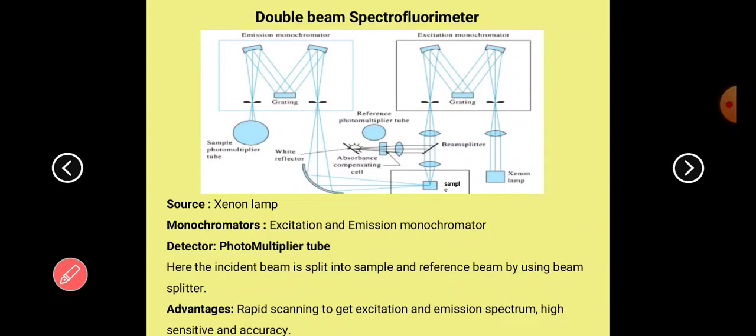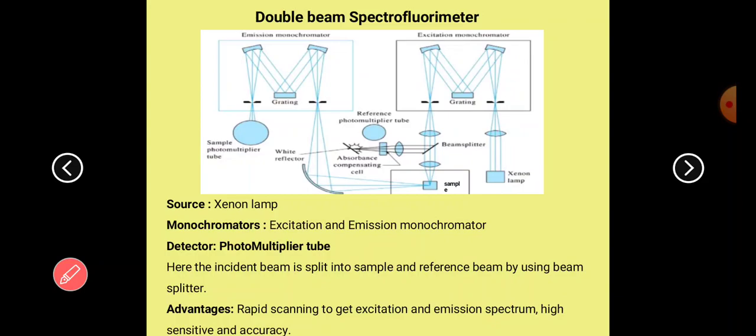Double beam spectrofluorimeter. This is the advanced instrument, and here the source is a xenon lamp, and monochromators are used for the conversion of polychromatic radiation to monochromatic radiation. The monochromators used are the excitation and emission monochromators, and the detector is a very sensitive detector, that is, a photomultiplier tube.